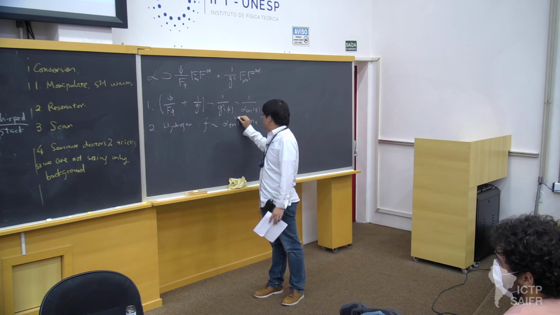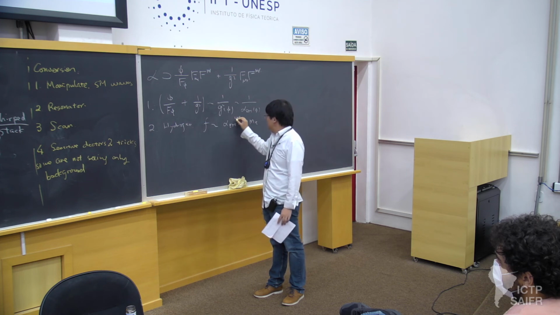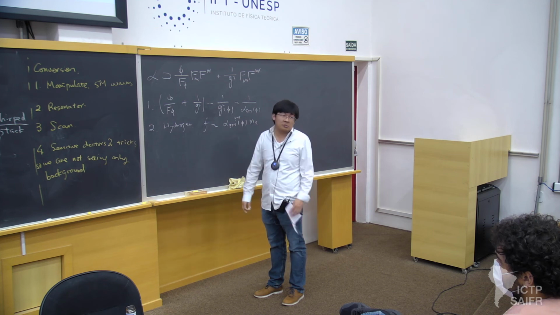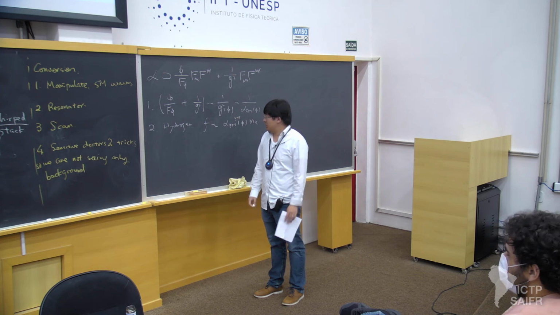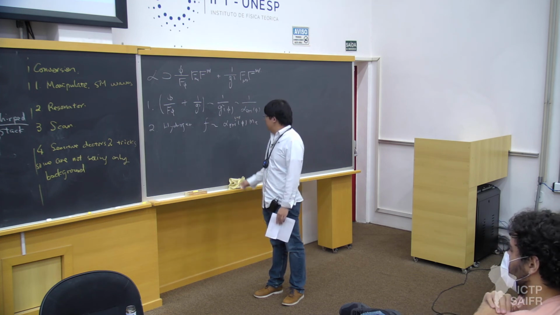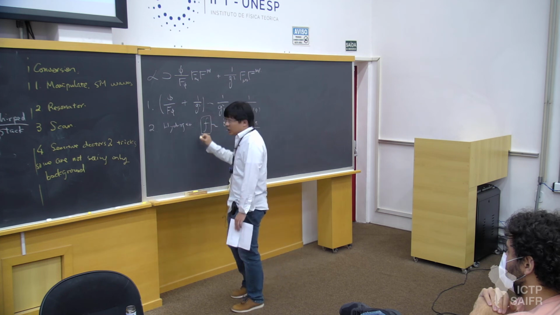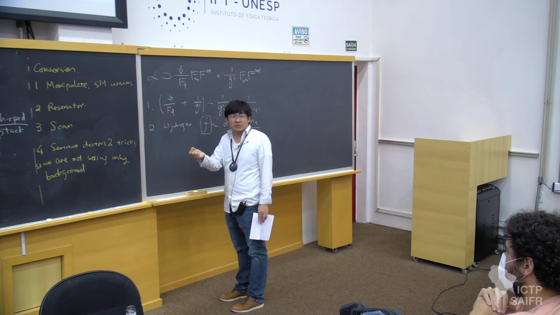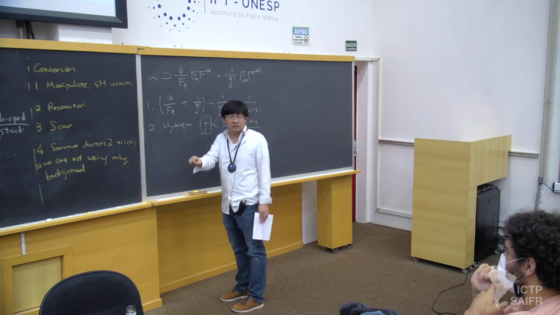So naively, the transition will depend on the fine structure constant to the power 2 plus some other number, and that number is some order 1 number which tells you about the particular properties of this transition. The reason we want to think about that is because I cannot really measure a frequency. Frequency has units, so I must be comparing it with another thing that has a unit, right?